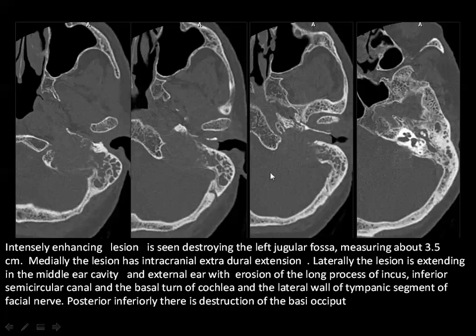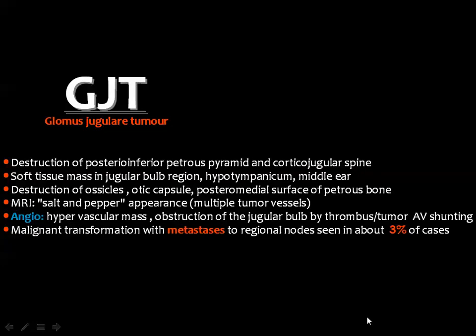This is almost a diagnostic appearance of a jugular fossa glomus tumor with destructive changes of the jugular fossa by a mass, and this mass has extended into the external as well as the middle ear cavity with destruction of the posterior margin of the mastoid and with possible intracranial extension.